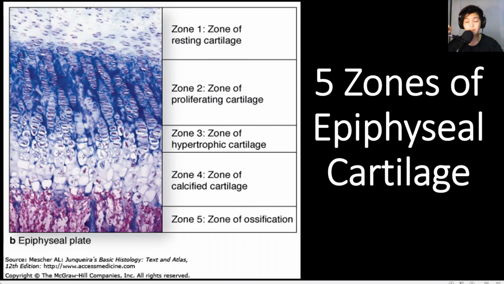And then the fifth zone is the zone of ossification, in which it is fully ossified bone. The endochondral tissue appears, and it appears the odontoblast. So those are the 5 zones of the epiphyseal plate.